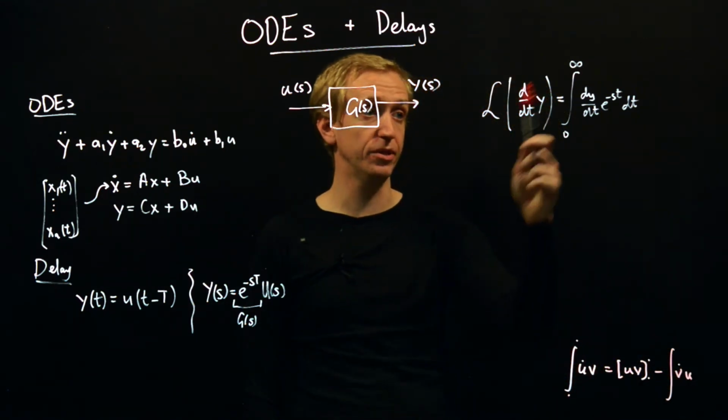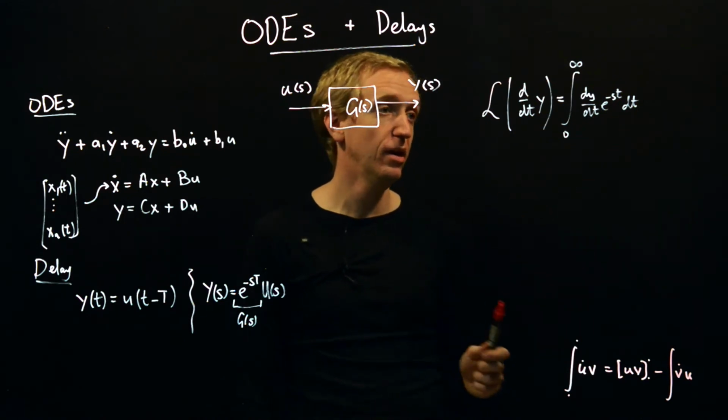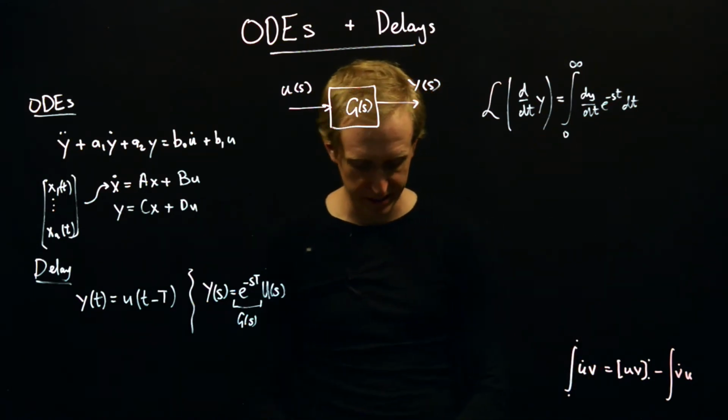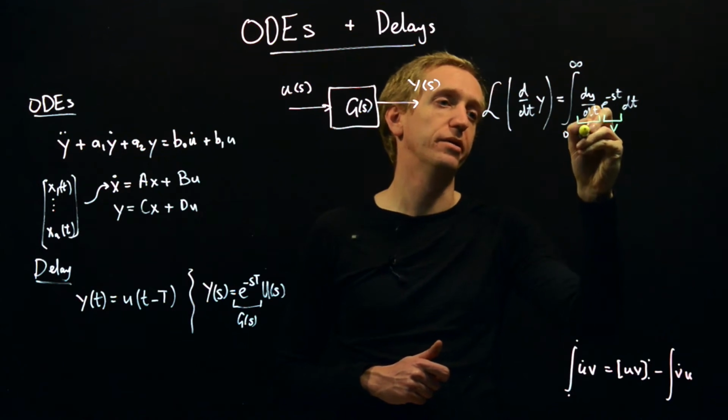So what should we use as u and v in this expression? Well, it looks like we should set v equal to e to the minus st, and we're going to use this for v and this for u dot.